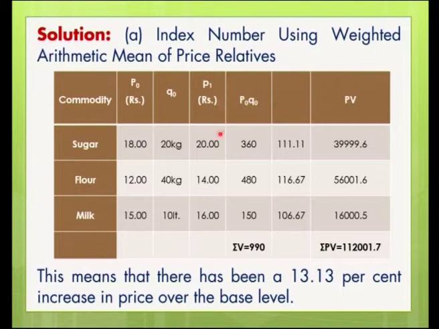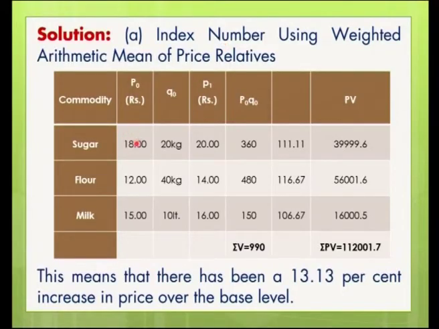In both methods, arithmetic mean and geometric mean, it is calculated, but comparatively the geometric mean is used more widely. So, the commodity P0 values, Q0 values and P1 values from the question are written like this. Then you calculate P0 into Q0, that is 18 into 20 is 360, 12 into 40 is 480 and 15 into 10 is 150.